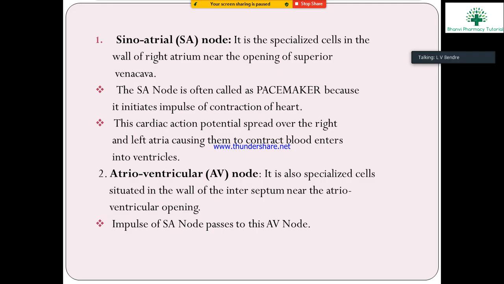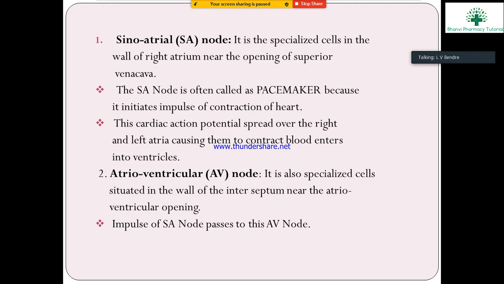The sino-atrial node is often called the pacemaker, because it initiates the impulses for contraction of the heart. The impulse that initiates the beating is converted into an electrical impulse, and that impulse initiates the contraction of the heart.